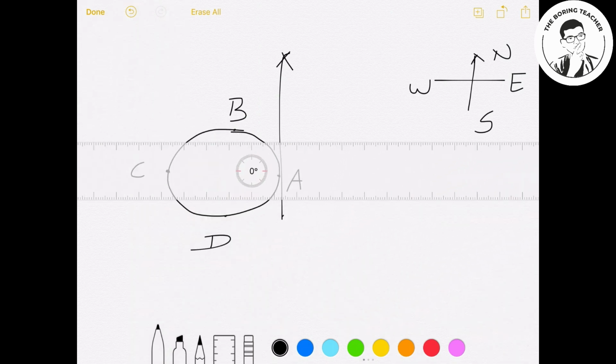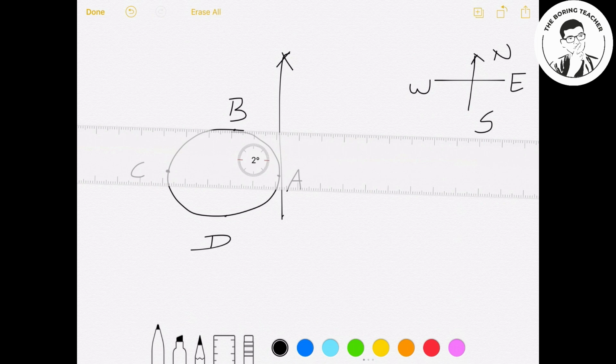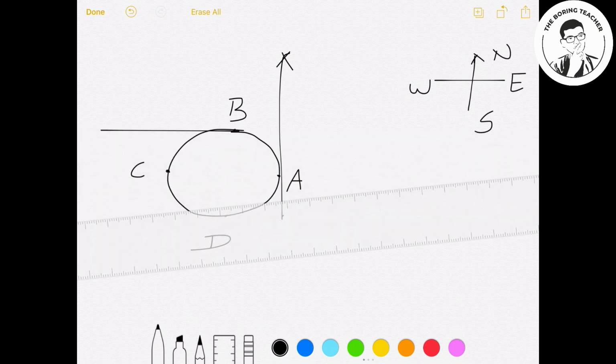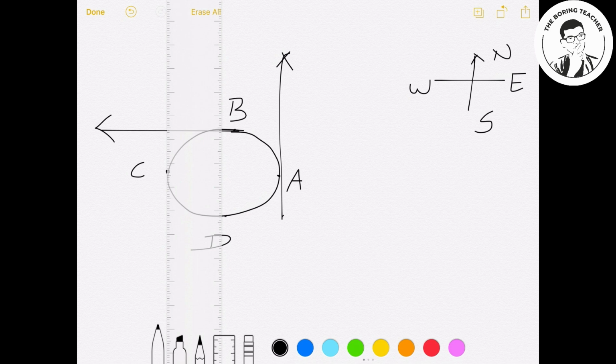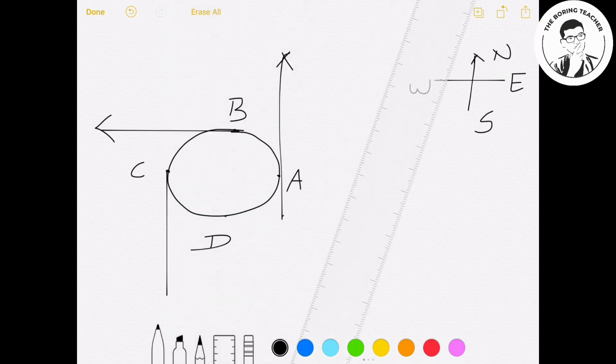Similarly, if we draw a tangent at point B, we can say that the direction of the particle will be in the west direction. If we draw a tangent at point C, the direction of the particle is in the south.